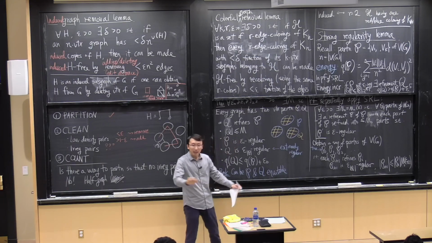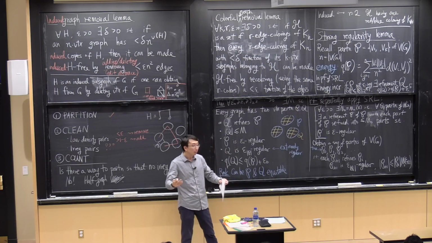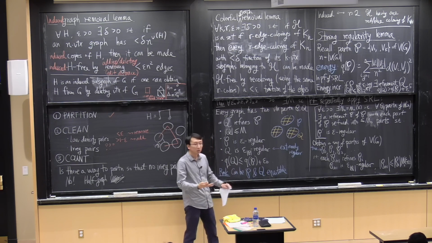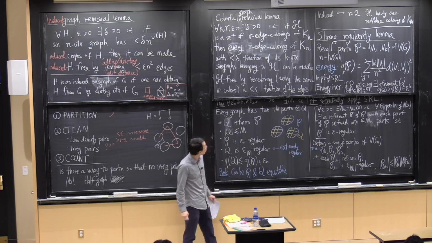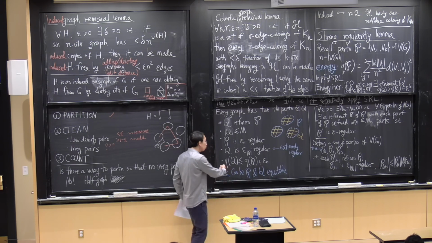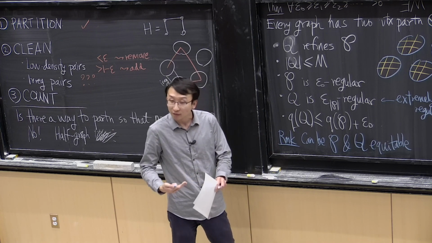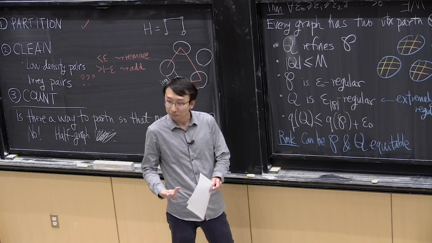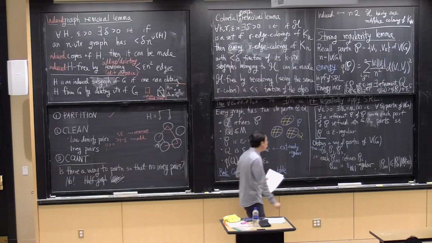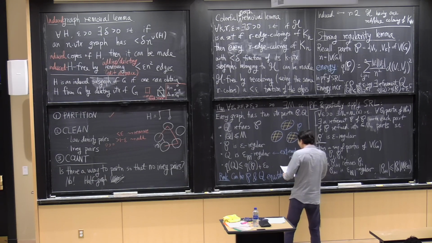Basically, the partitions are such that all the parts have basically the same number of vertices. I won't make it precise, but it's not too hard to do, and you can prove it similar to how I described modifying the proof of the regularity lemma. I won't belabor that point, but we'll use the equitable version.